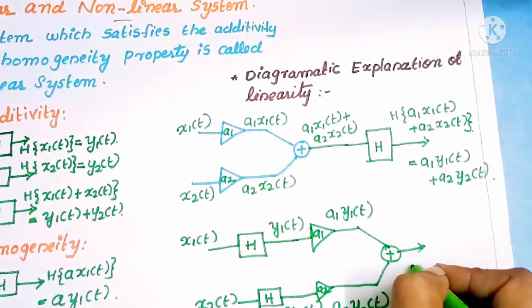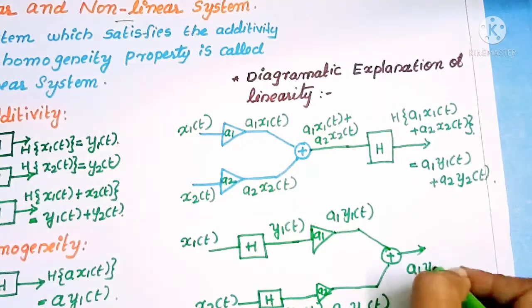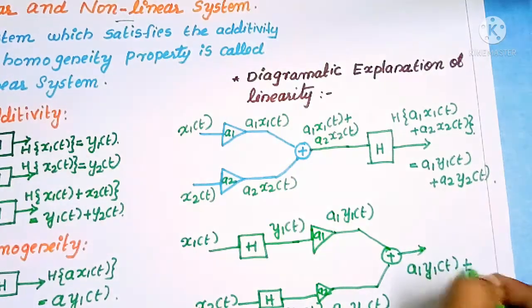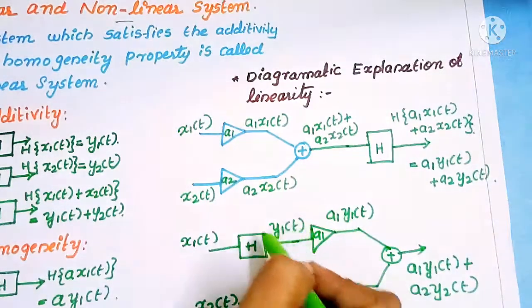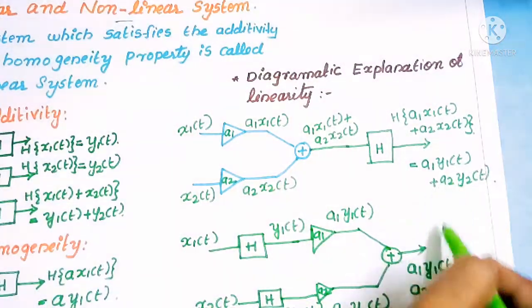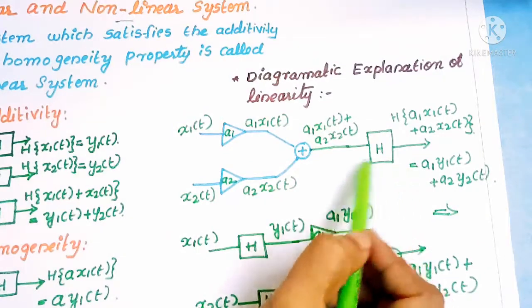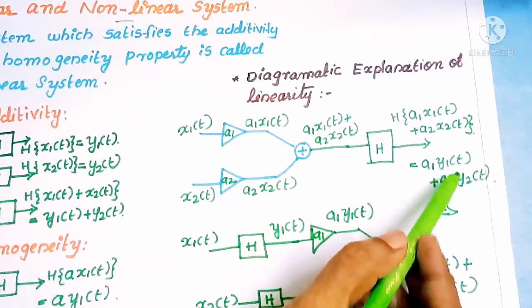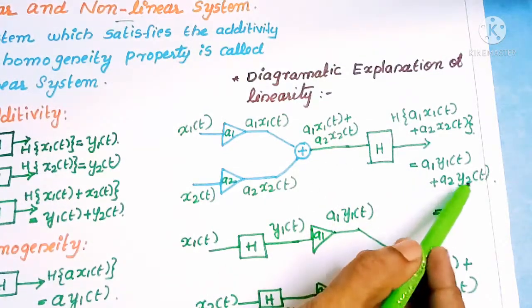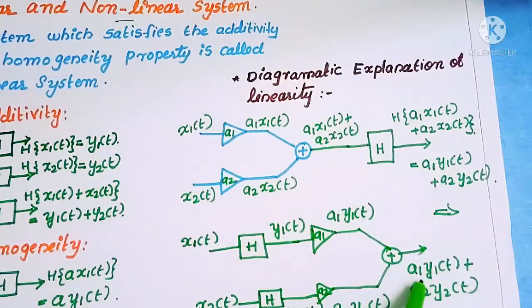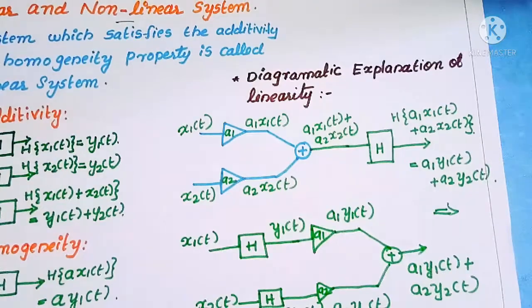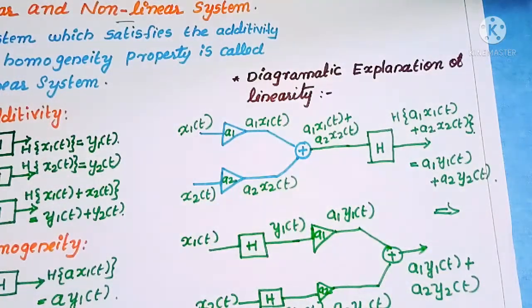What is the output? a1 y1 of t plus a2 y2 of t. If you check both conditions, the output of this system is equal. Here the output is a1 y1 of t plus a2 y2 of t, and here also a1 y1 of t plus a2 y2 of t. Then this system is known as a linear system.